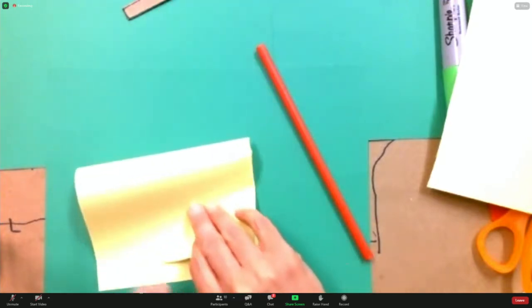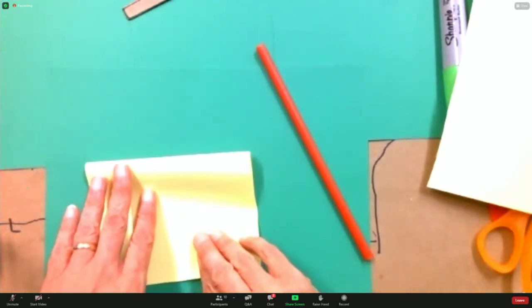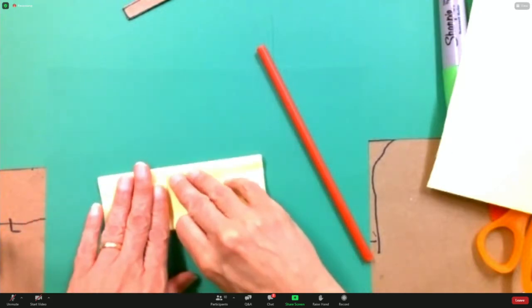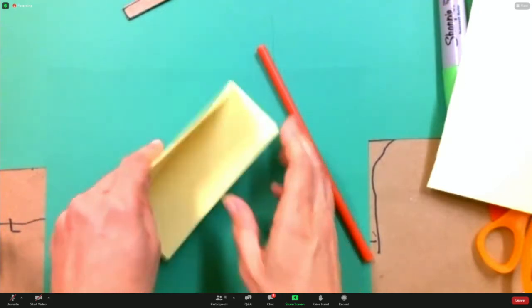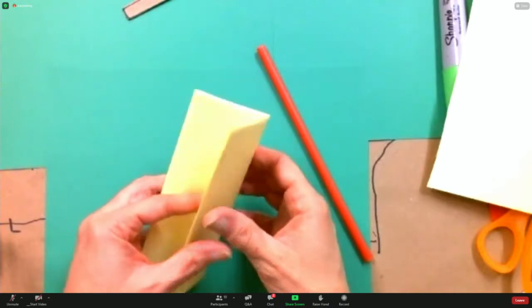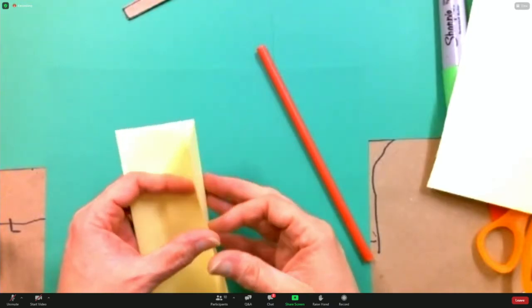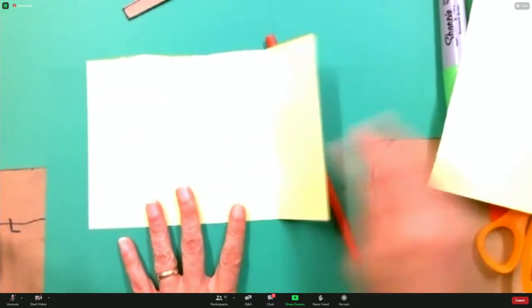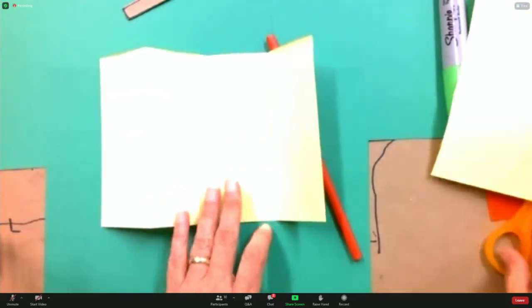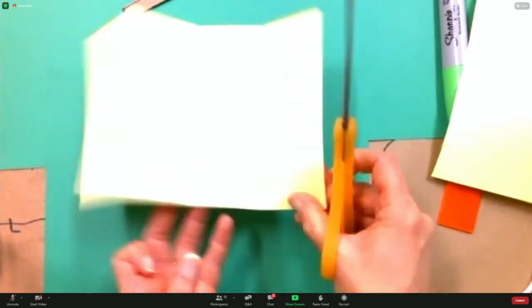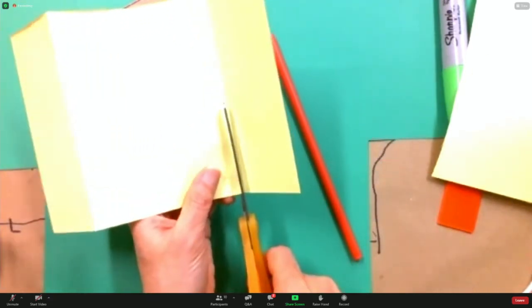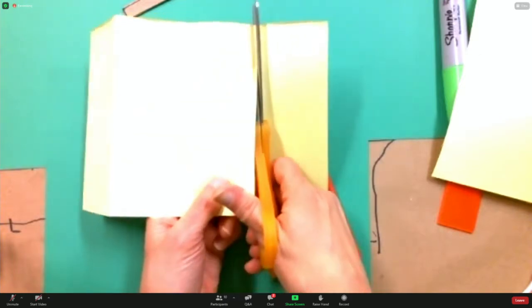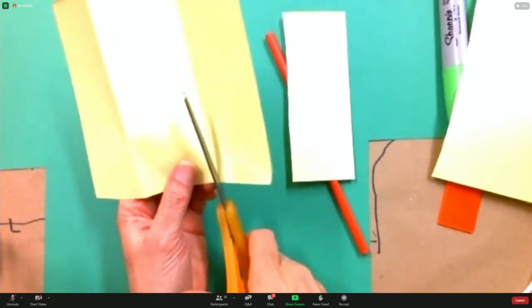What we're going to do is make 4 little pieces of paper out of this half sheet of paper. So we'll fold it over twice, which will give us 4 little folds. And then we will cut along those folds. And we're going to make the bodies of 4 different rockets.